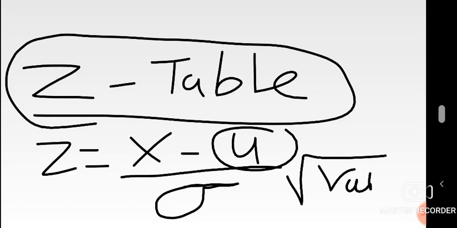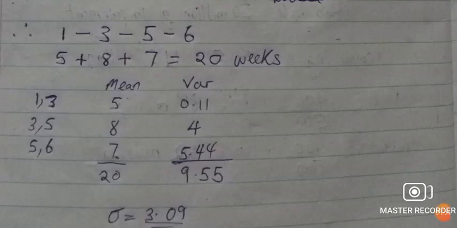So I'm just going to quickly show you what I mean, when you've been asked how you find the probability in, maybe, 22 weeks, given that you've got this project. What's the probability if the project took 22 weeks? First, what I've just shown you here are the calculations that would have been done.